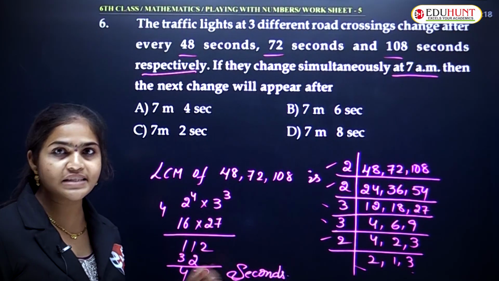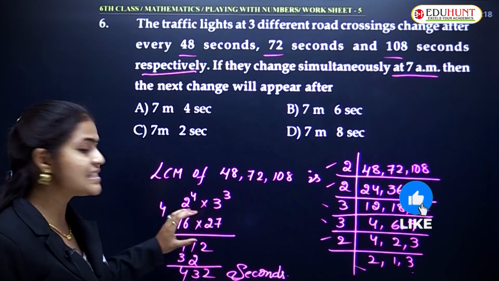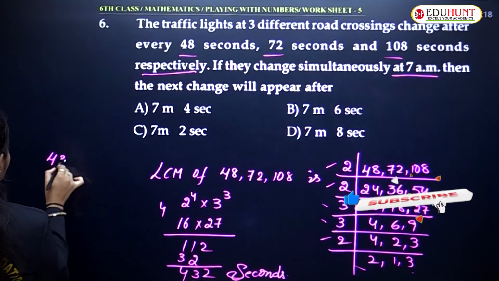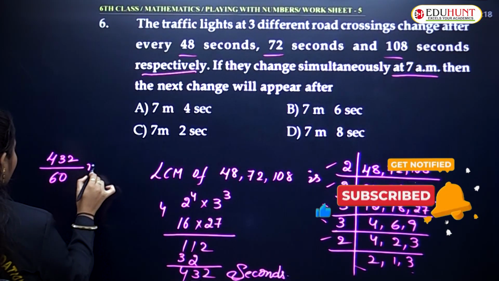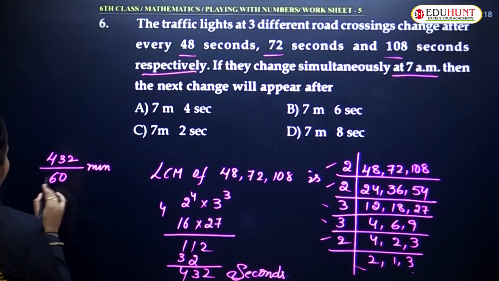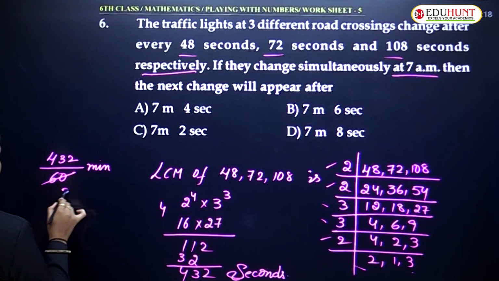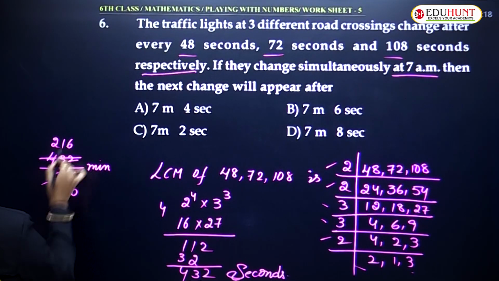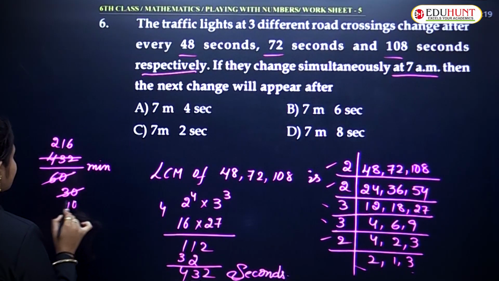After 432 seconds. But as per the options here, we need to change the seconds into minutes. Okay, 432 by 60, to convert into minutes. Here, cancellation. 2 threes are 6, 2 twos are 4, 2 sixteens. Again cancellation by 3 tens.